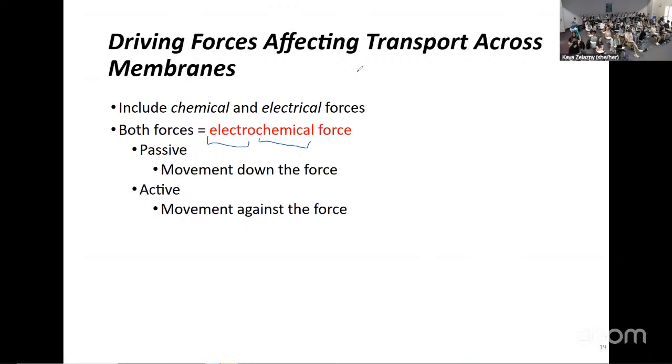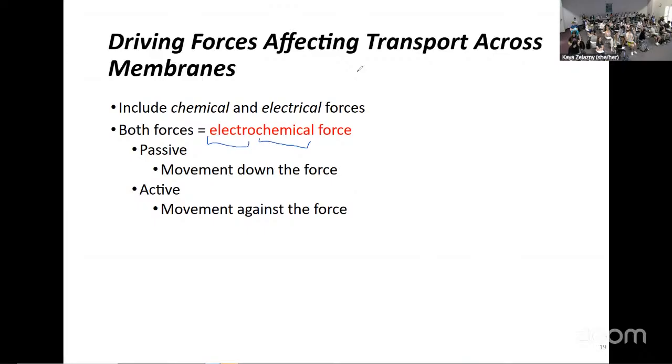So if you go in the direction that the electrochemical force is pushing you, then you're going to be moving in a favorable direction, the direction it likes. So that's going to be our downhill movement. That's going to not require energy.